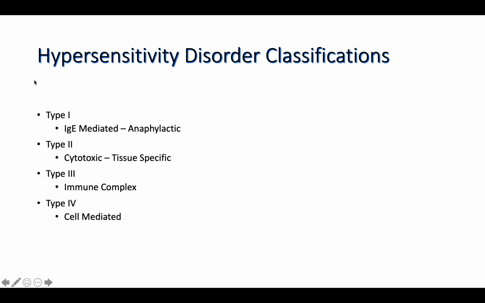So that's what type 1 is: antigen specific. We have an antigen that the body forms antibodies against because it does not care for it. It's just not going to mix with the body.